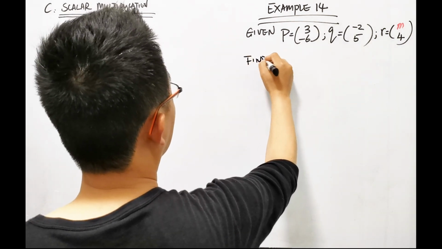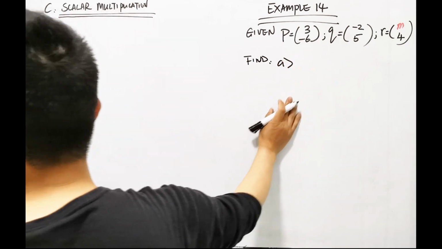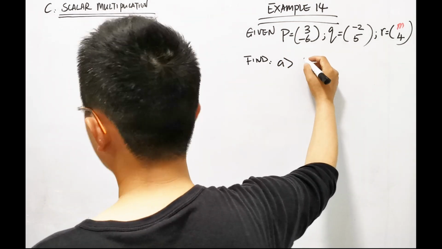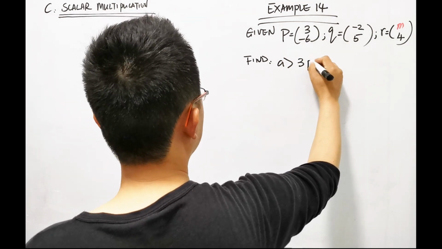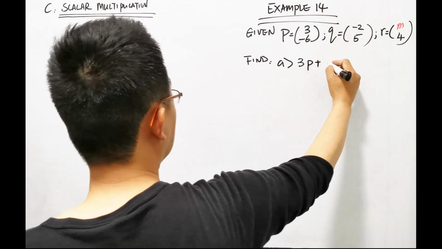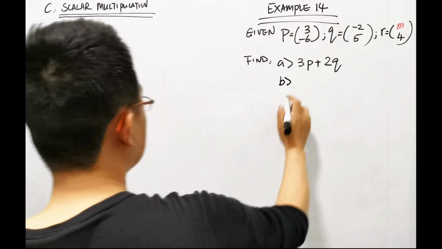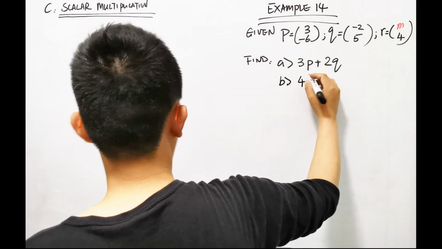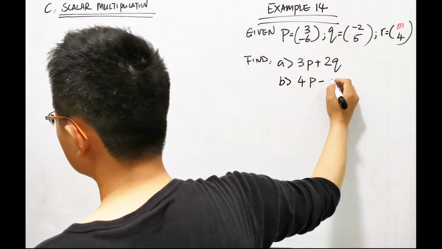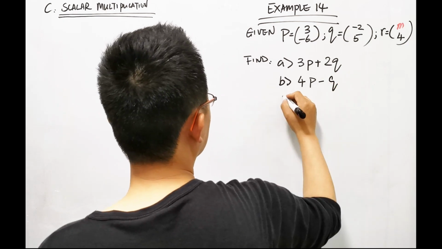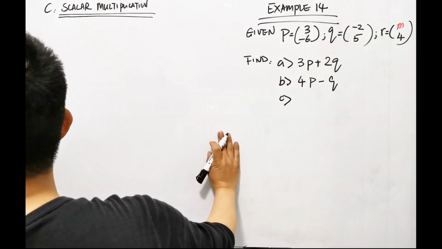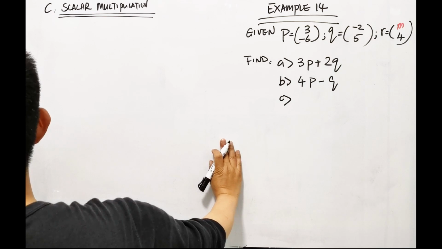Find a, which is 3p plus 2q. Find b, which is 4p minus q.